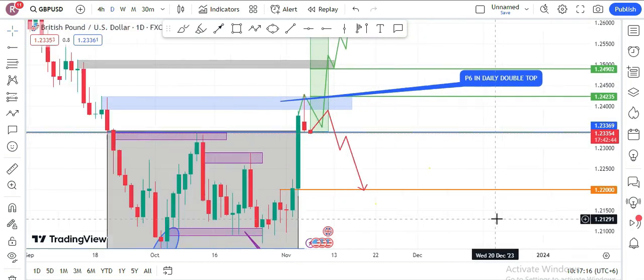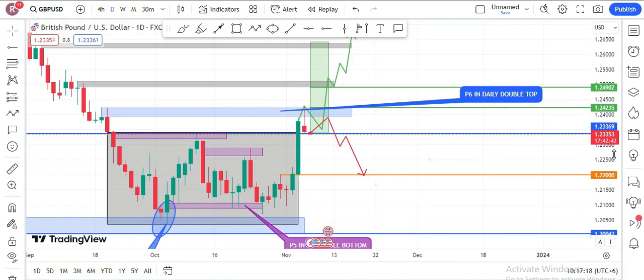Here the reason I am measuring this is to visualize one thing for you guys, that this is exactly in the place where this depth we measured and this depth is the same on the upside and downside.